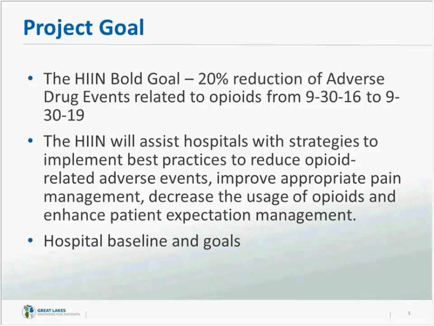The project will assist hospitals with strategies to implement best practices to reduce opioid-related adverse events, improving appropriate pain management, decreasing the usage of opioids, and enhancing patient expectation management, all of which we're going to talk about today. Also, I think it's very important that before we fix something, we need to know what our baseline is and to really focus on how we can achieve goals based on that baseline, moving from point A to point B.